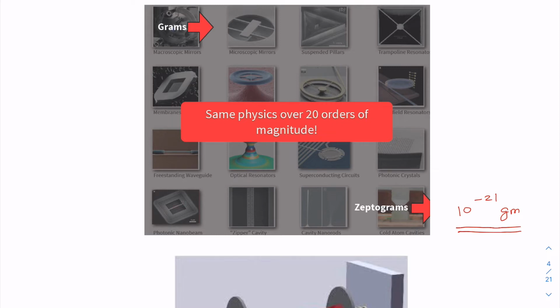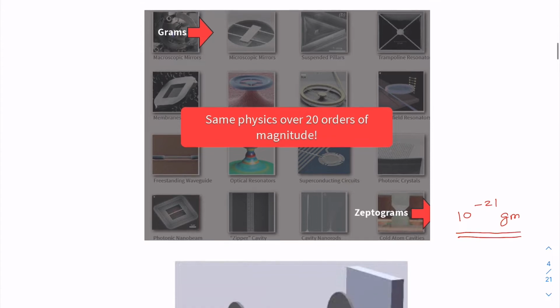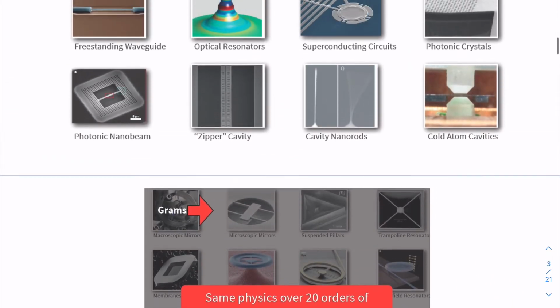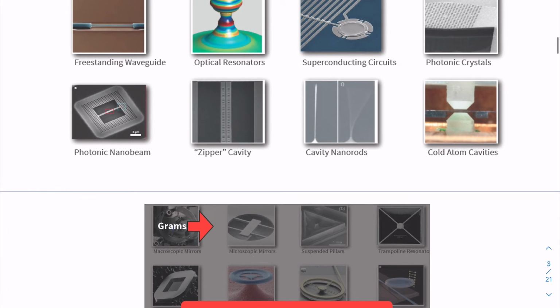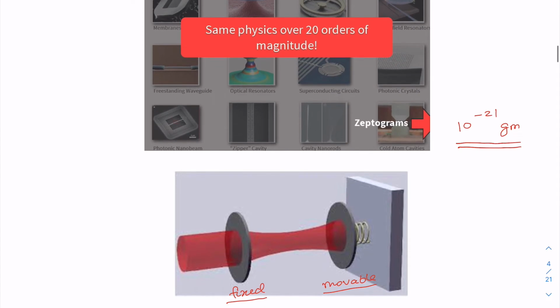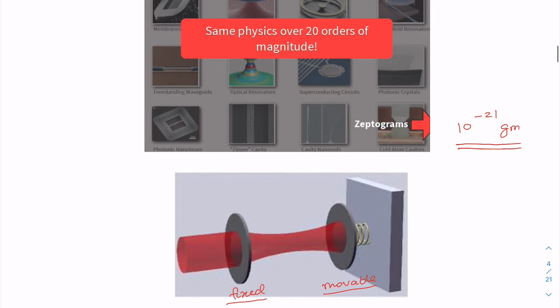Interestingly, the same physics over these 20 orders of magnitude is applicable. And what is striking is that all these different looking systems or optomechanical devices can be modeled by this simple model where we have one fixed mirror and another one is the movable mirror.